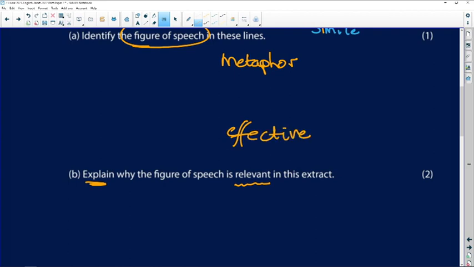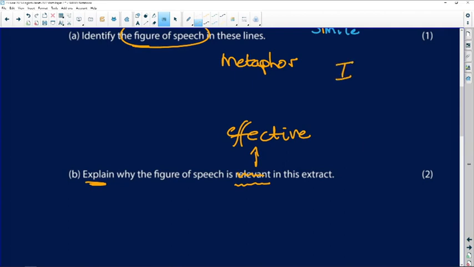I know that there was a discussion with some of the markers, and some of the people are saying that relevant and effective is the same thing. It's not. But what you've got to understand is they don't mean relevant, they mean effective. So why is it effective?